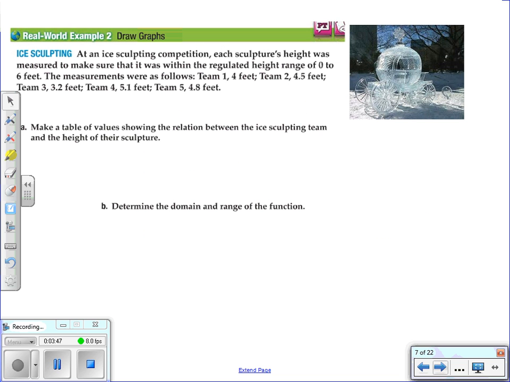Okay, at an ice sculpting competition, each sculpture's height was measured to make sure it was within the regulated height, 0 to 6 feet. We're going to draw some graphs based on this data that we're given for this ice sculpting. So we have team 1 that has 4 feet, team 2 is 4.5 feet, 3 is 3.2, 4 is 5.1, and 5 is 4.8.